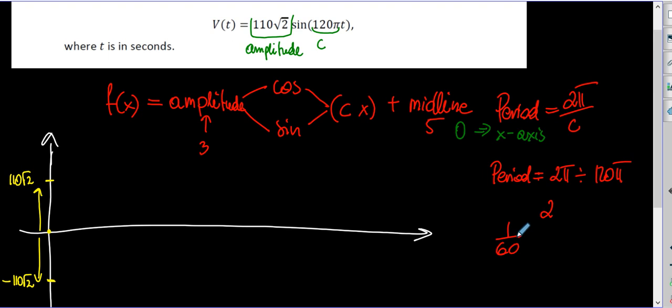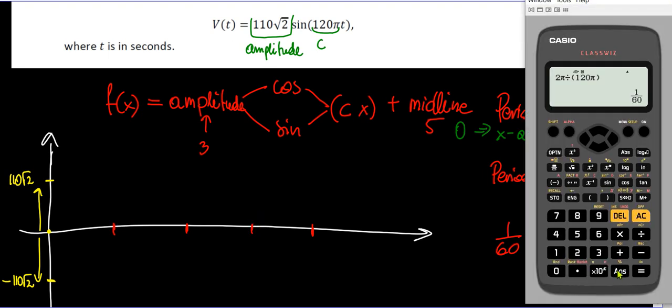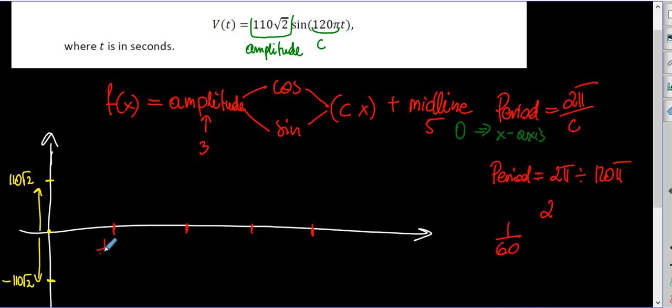Now, that period is going to be divided into 4 equal parts. So let's divide our period into 4 equal parts so that we know how much is one part. So each part is 1 over 240, then 2 over 240, 3 over 240, and we know the whole is 1 over 60.